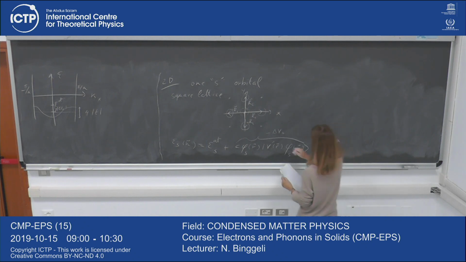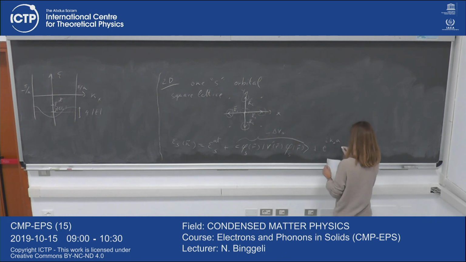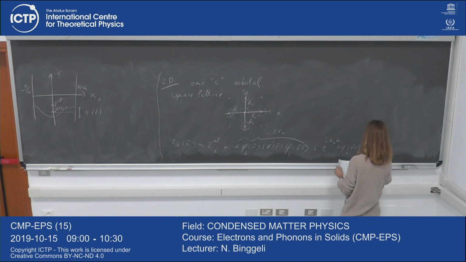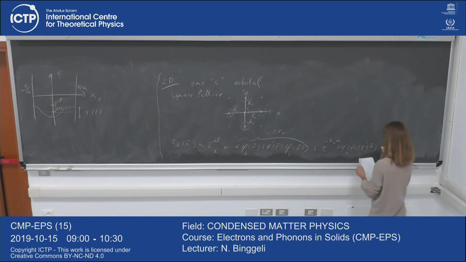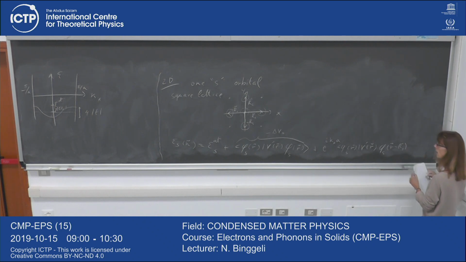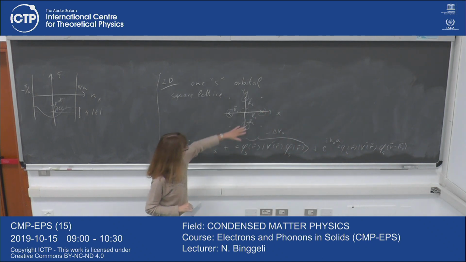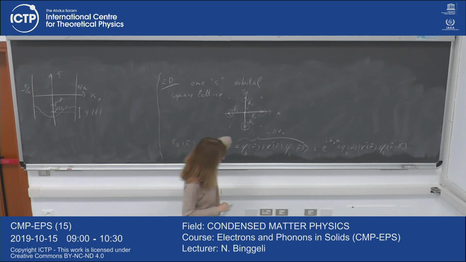Then we have the 4 nearest neighbors, so we will have exponential i kx a for this site, with the wave function phi S of R, the crystal field, and the function at the site R1. So this is the first contribution that comes from the wave function on this atom with the crystal field.